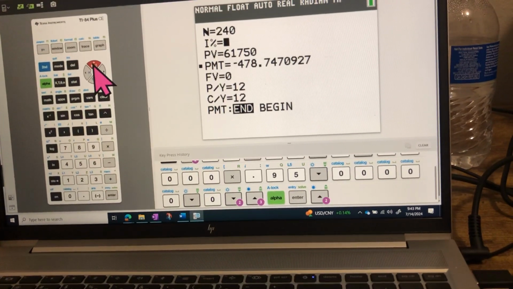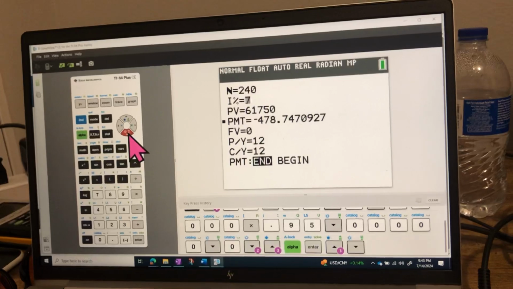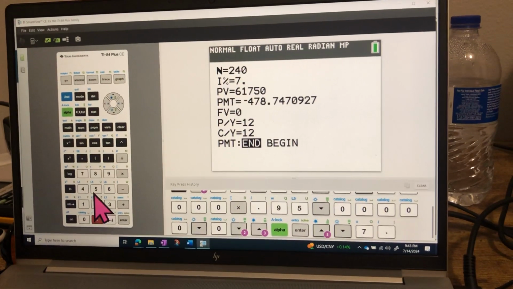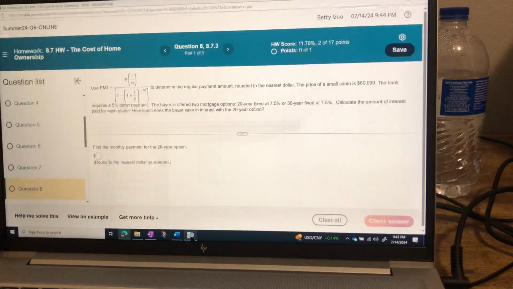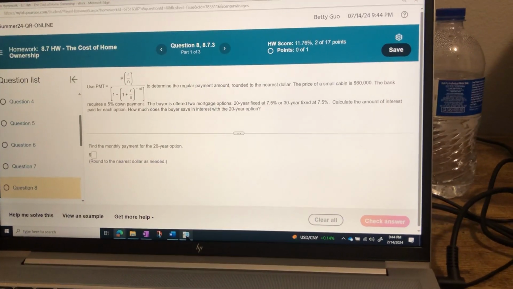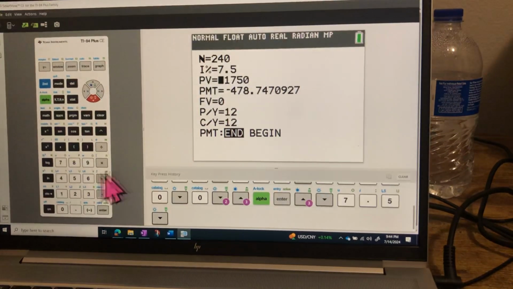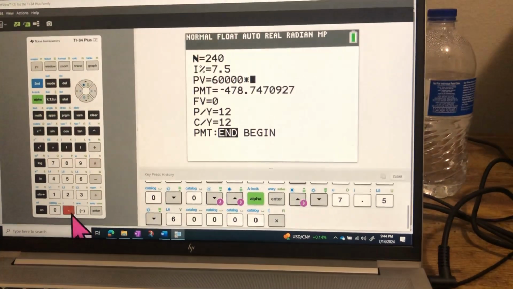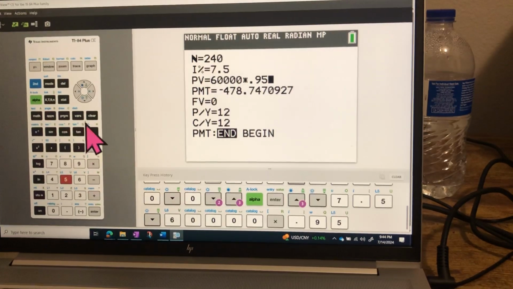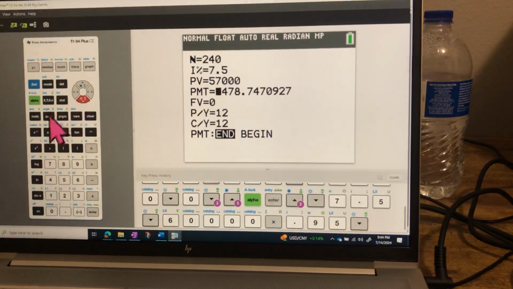The first entry is still 240, but the annual interest rate this time is 7.5. Cabin price is 60,000, so 60,000 times 0.95, and solve for payment.